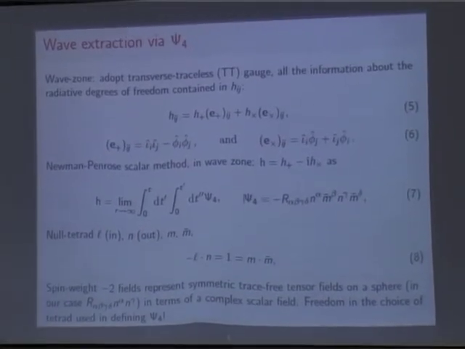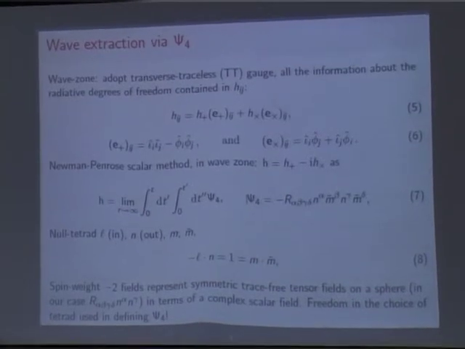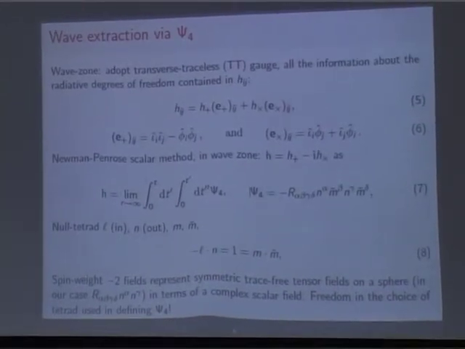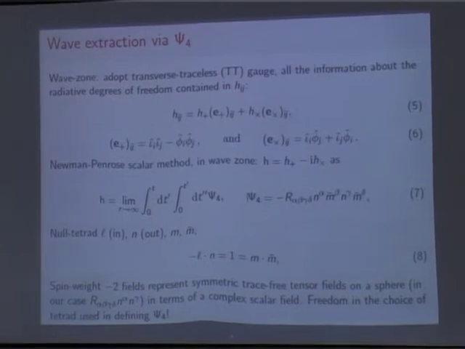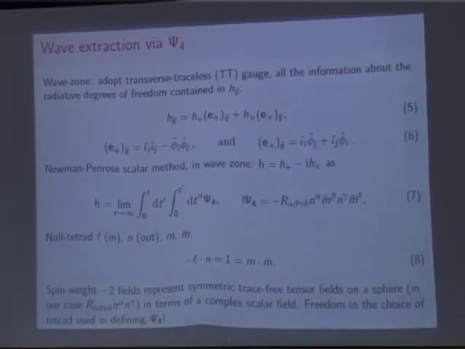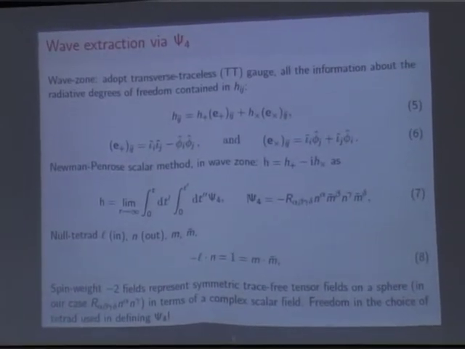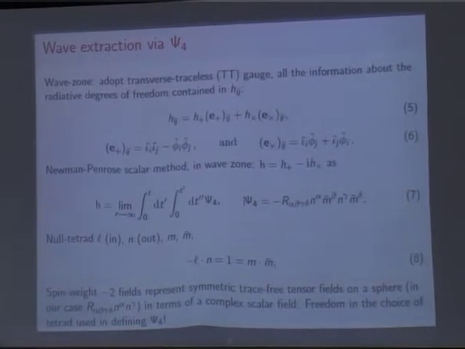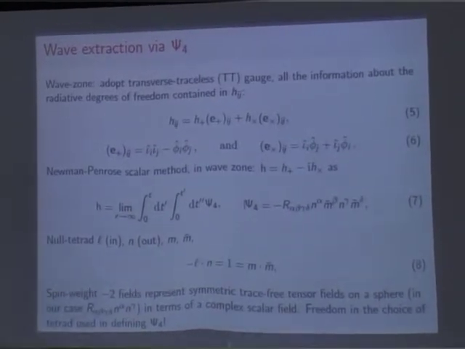Well, far away, we're in vacuum. We have the sources inside. Far out, we have vacuum. And we can characterize gravitational waves by certain components of the Weyl tensor. Well, if it's vacuum, Weyl tensor and Riemann tensor are the same.